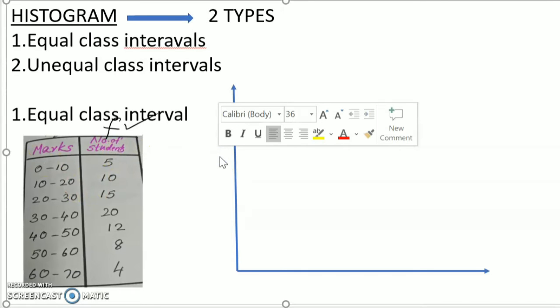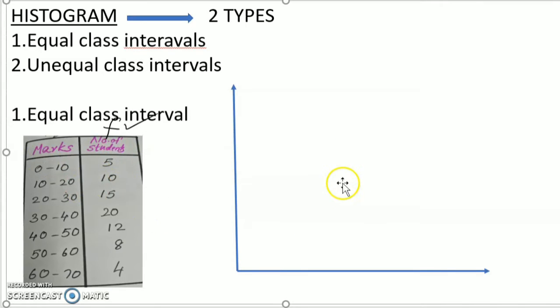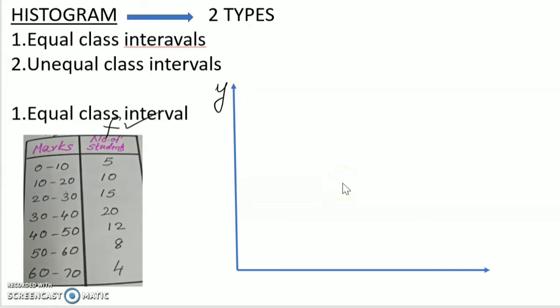This is the y-axis and this is the x-axis, and 0. The highest mark here is 70, so we have to mark till 70. I am marking like this: 10, 20, 30, 40, 50, 60, 70.